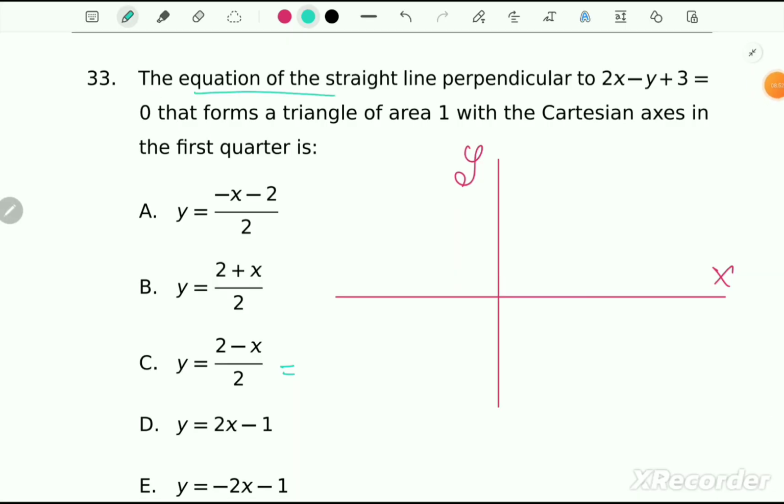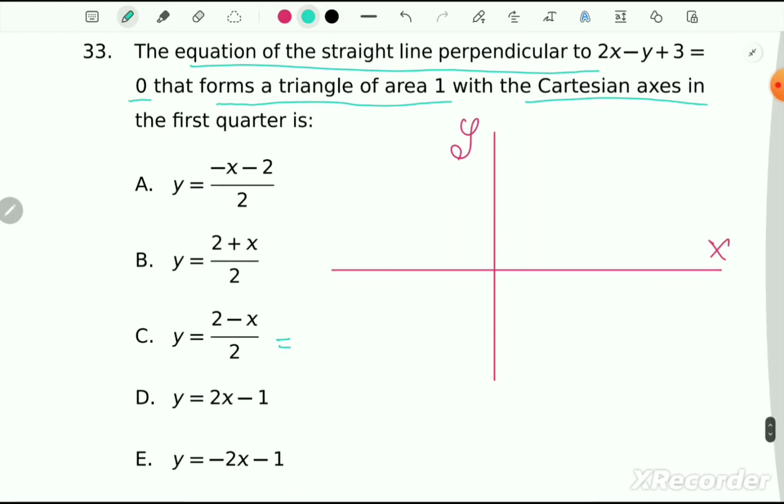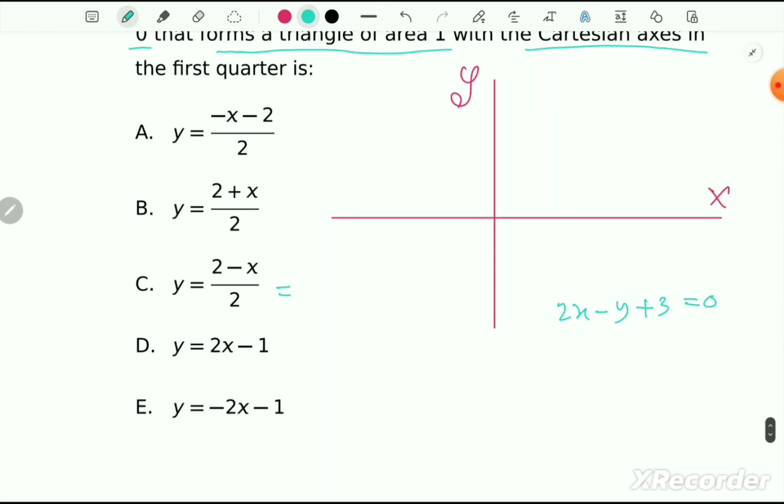The equation of the straight line perpendicular to 2x minus y plus 3 equal to 0, that forms a triangle of area 1 with the Cartesian axes in the first quadrant. Okay, so the line given here, 2x minus y plus 3 equal to 0, we can simply write this way, y equal to twice x plus 3.